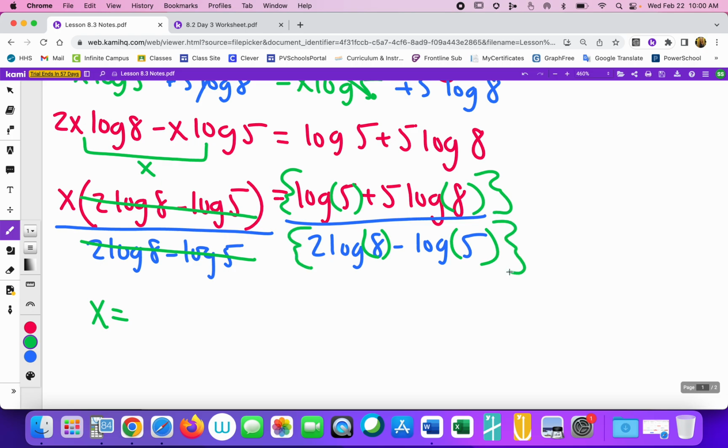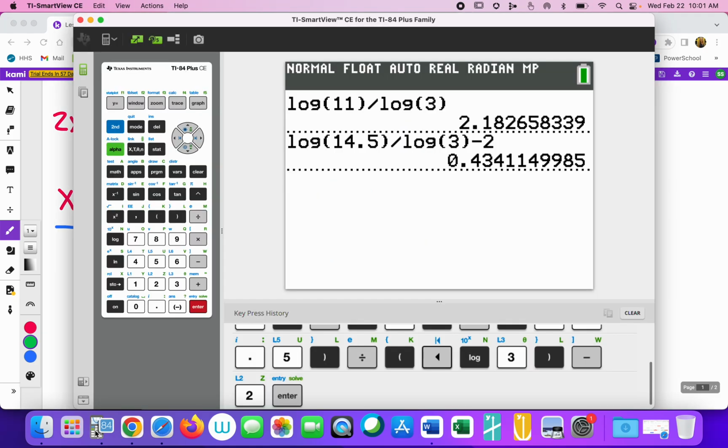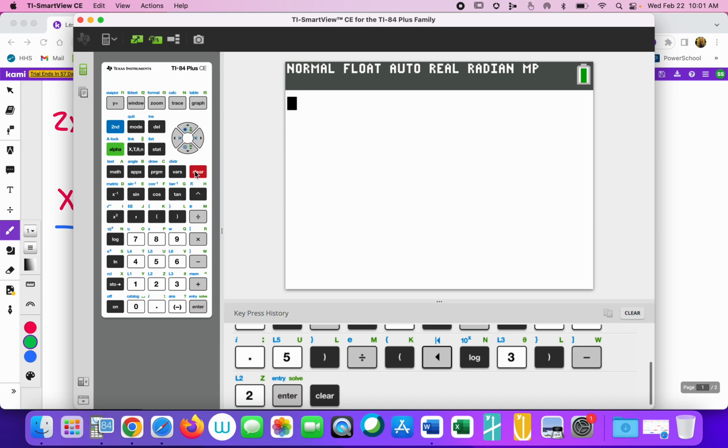But the brackets will separate the numerator and the denominator. So what I enter in the calculator is going to look just like that, okay, with the brackets and everything. But if you don't enter it in properly, it doesn't matter what you've done on your paper, your answer's going to be wrong, okay? Which would be very sad, considering all the work we just did. Okay? Now, if you don't know where the brackets are, it's the second option for the parentheses.